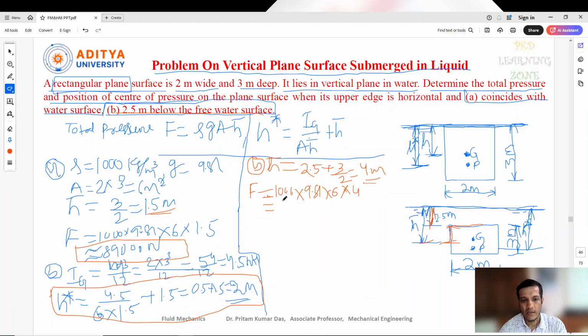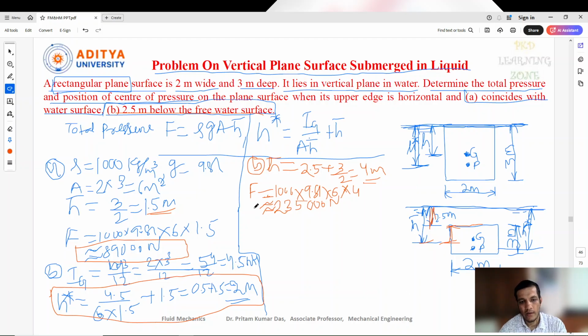If you consider 10, then 2,40,000 near about will come, so a little bit less than that. I'm writing the approximate value, not the exact value. So we'll get something like 2,35,000 Newton.